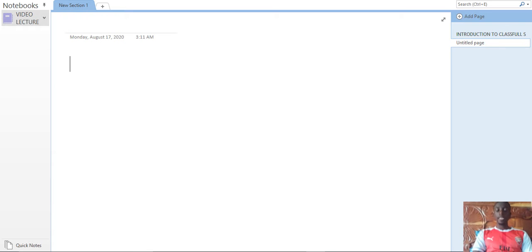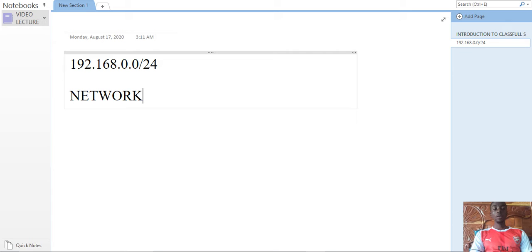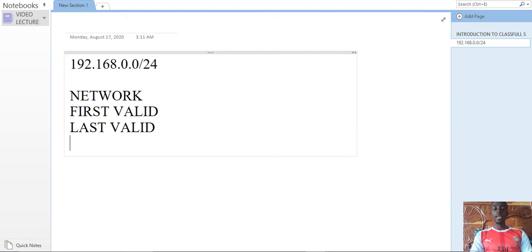Now a class C IP address looks like this: 192.168.0.0 prefix 24. Let's just call it the prefix length for the moment. That is my IP address. With this IP address, there are some addresses that I need to verify: the network address, the first valid IP address, the last valid IP address, and the broadcast address.